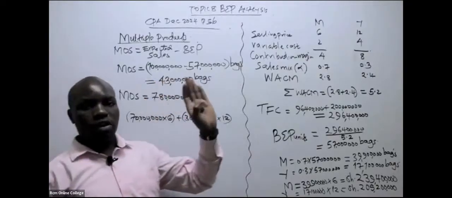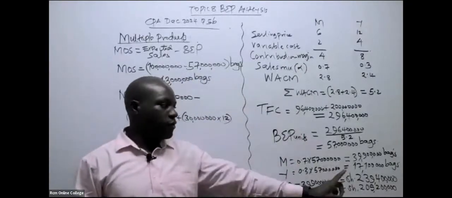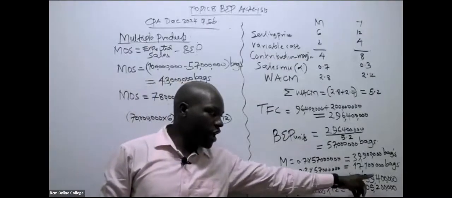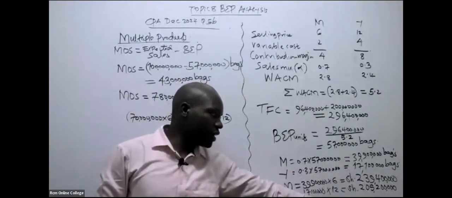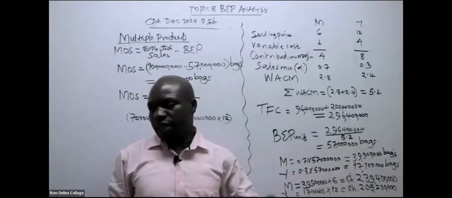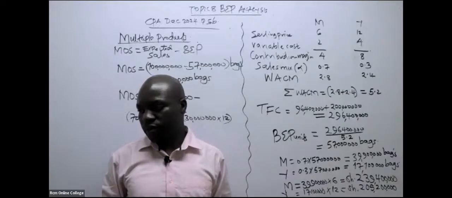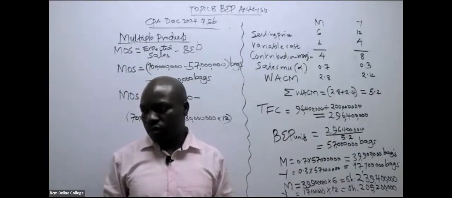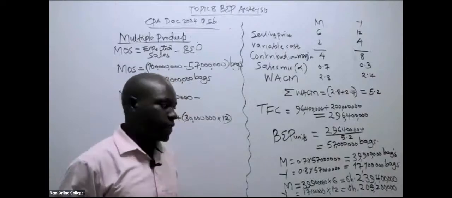Are we able to get our break-even point in shillings? Yes. For product M, it is 239,400. For product Y, it is 205,200. So when you add the two, what are you getting as the total break-even point? 444,600,000.